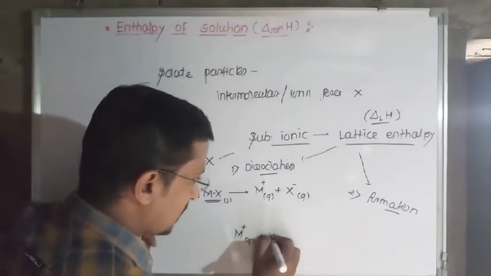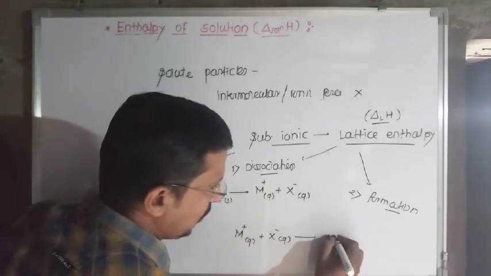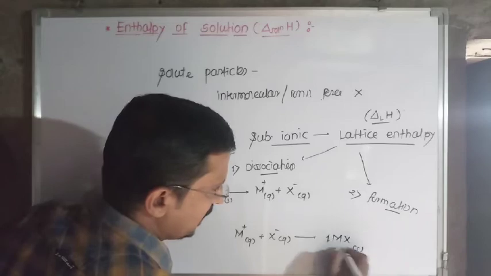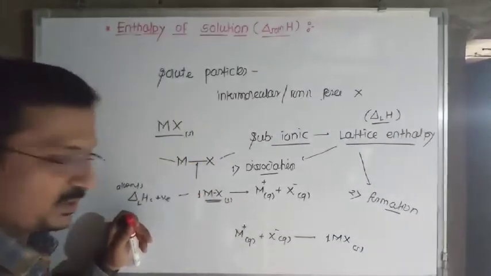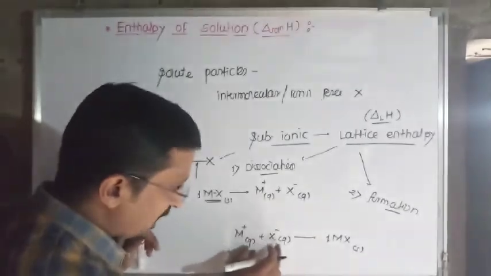Second case is the formation enthalpy, that is, from scattered gaseous ions, if it results in the formation of 1 mole of crystalline solid MX. During that process, bond formation takes place between gaseous M plus and X minus.